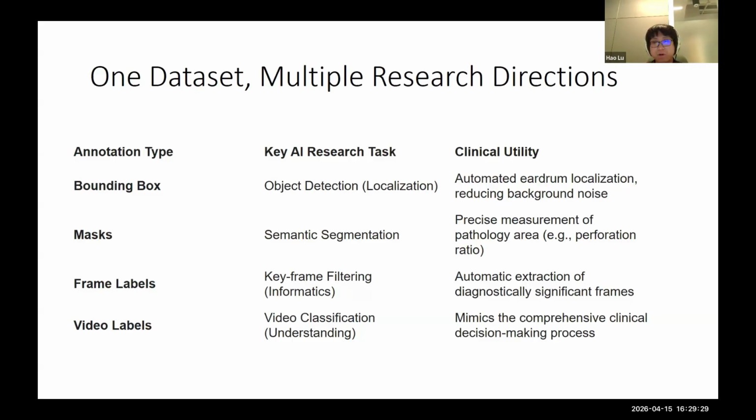Once we label all the data set, we can train a very solid end-to-end model and improve the keyframe selection performance even better. And at the end, we will do the video level understanding, which is the final task that can really be used in the clinic to help the doctor do the diagnosis.